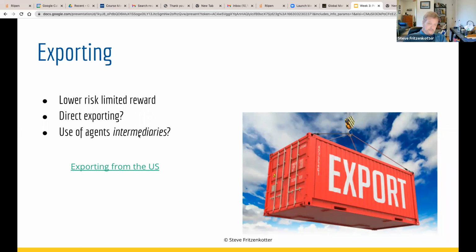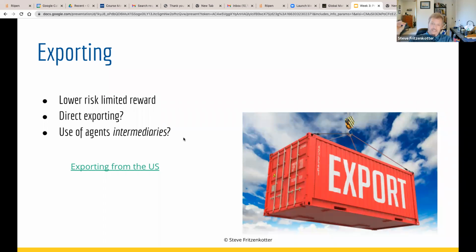There's an exercise this week in this week's module on the use of intermediaries, in the form of an agent. You can't just ship the product to another country and expect anything to happen. Either you're shipping it to a retailer or a number of retailers for them to merchandise your product. You won't have much control over that, but that's their business.